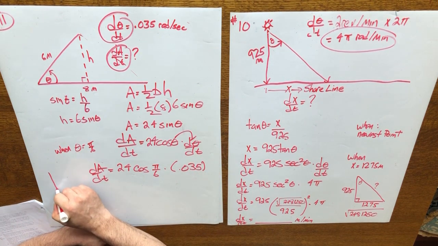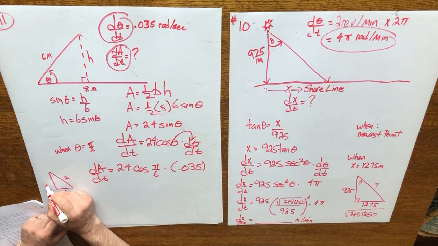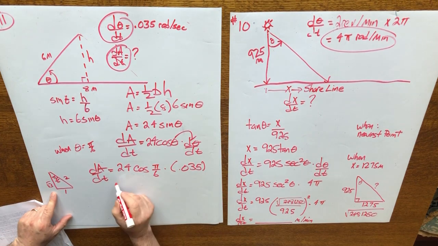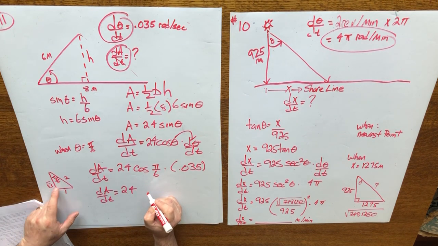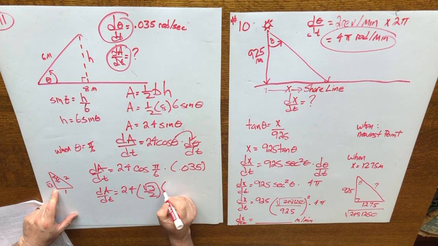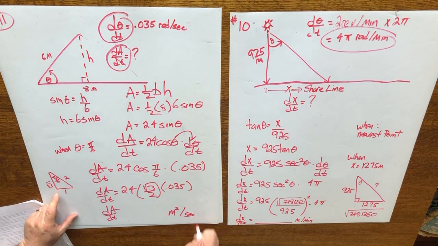So look at your special angle triangle: 2, 1, root 3, pi over 6. And we're looking for cos. So we've got dA over dt equals 24 cos of pi over 6, root 3 over 2, times 0.035. And that will give you dA over dt in meters squared per second.